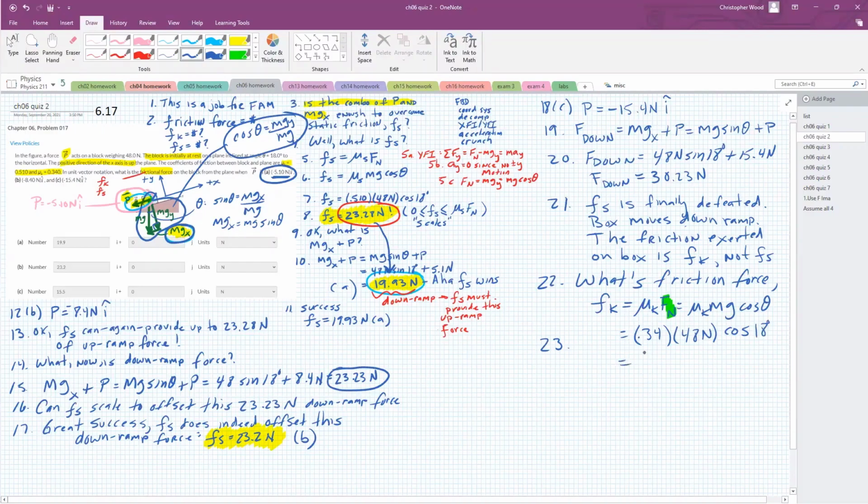And this is the friction force, which happens to be kinetic friction. 0.34 times 48 times cosine of 18, 15 and some change, 15.52 newtons. That's the answer to part C.